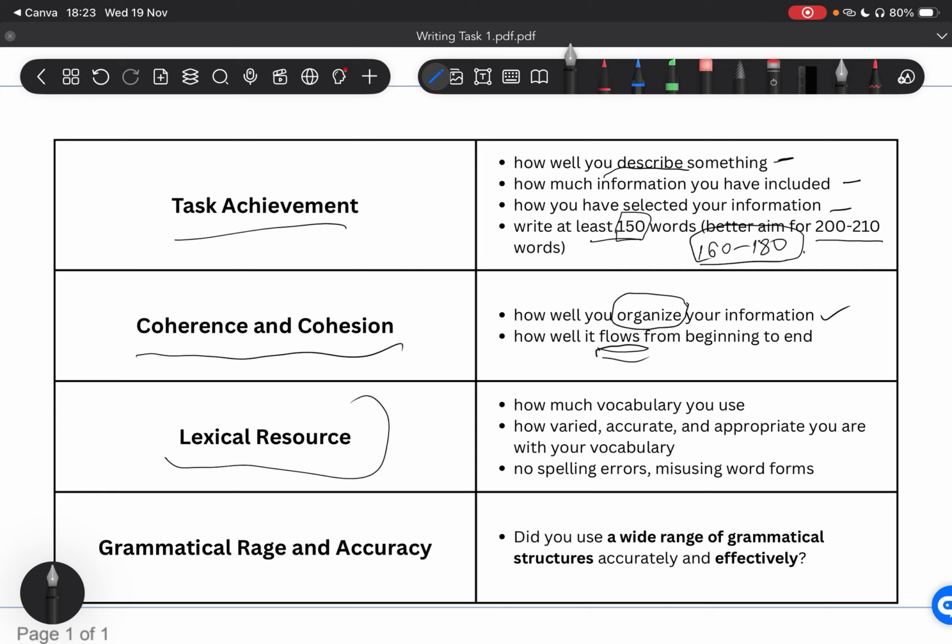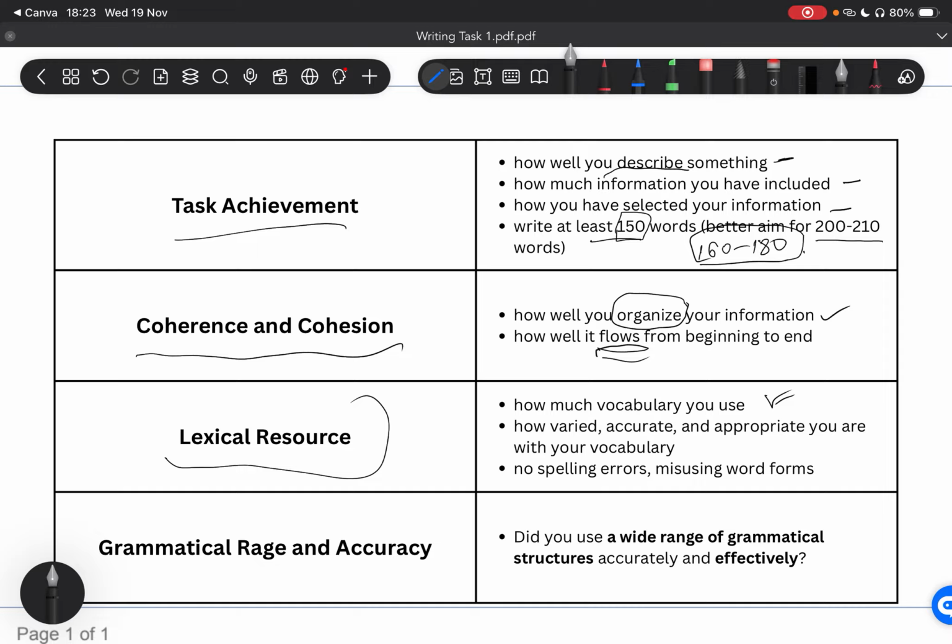So for lexical resource, how much vocabulary you use. Try not to repeat your words. Try to use as many words as possible which are related to the graph that you are describing. For that, you need to learn some of them. Well, there are not many of those, fortunately.